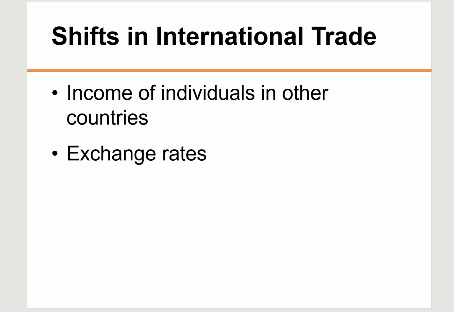One example you can think about is Harley Davidson, the motorcycles. If you go to Europe, if you go to Asia, people do buy that motorcycle. That's like the symbol of American freedom, right? So if foreign income goes higher, so foreigners have more money now, they will buy more Harley Davidsons, and our net export will increase. But if foreigners have less money, then our net export will decrease.